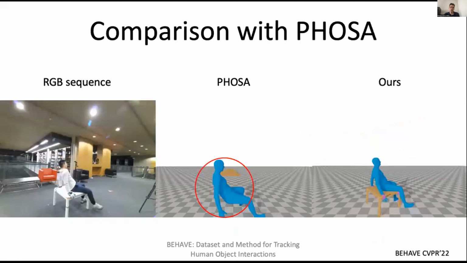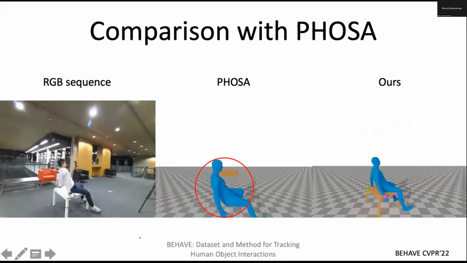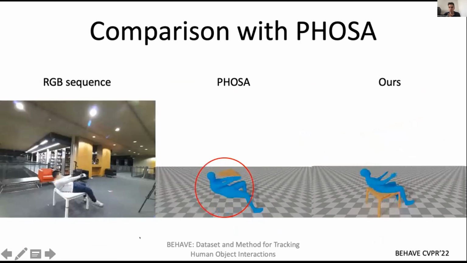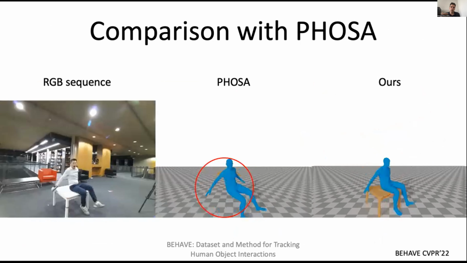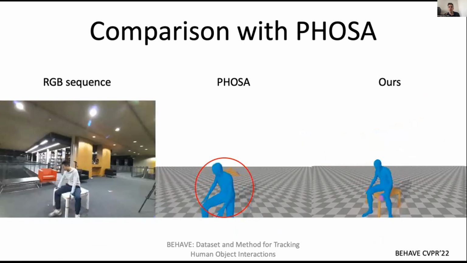Notice that this comparison is not fully fair because this method uses a single image, whereas we use 4 depth images. But this is just to illustrate that this method is based on handcrafted rules and optimization. And this is to demonstrate that if you don't jointly reason about the human and object during the learning process, it's going to be very difficult to obtain accurate results that generalize.